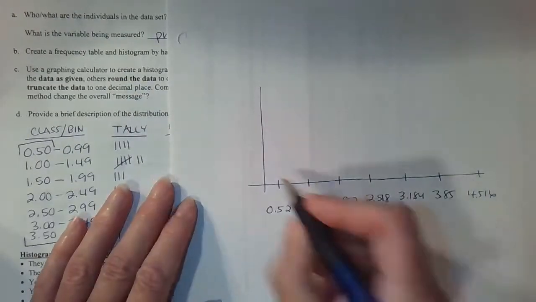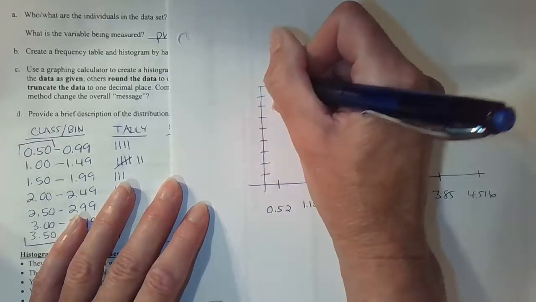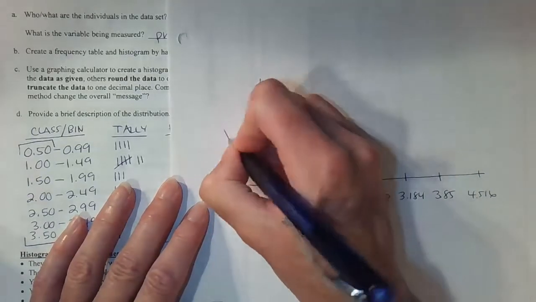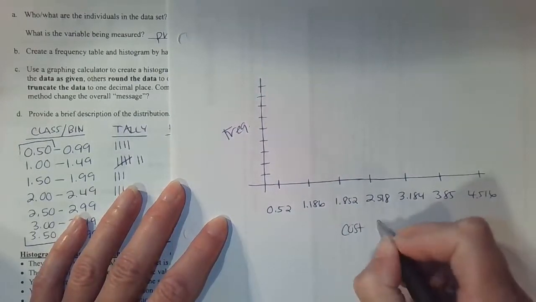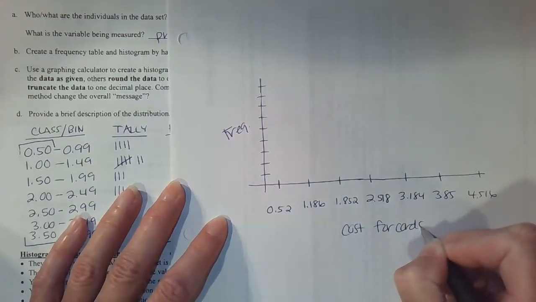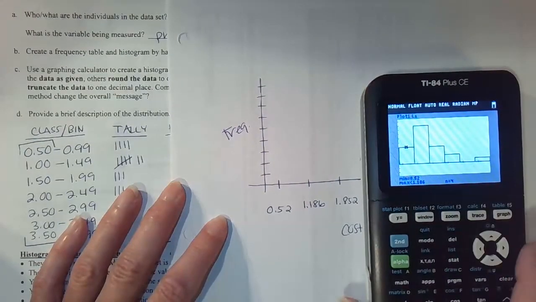So I'm going to set my scale 1, 2, 3, 4, 5, 6, 7, 8, 9. So that's my frequency. This was cost for the card. It was greeting cards, if you remember. And now I'm going to look again and say, okay, the first bar is 4.